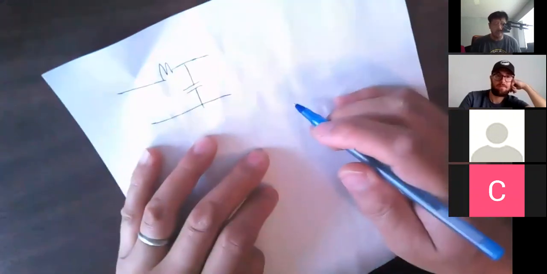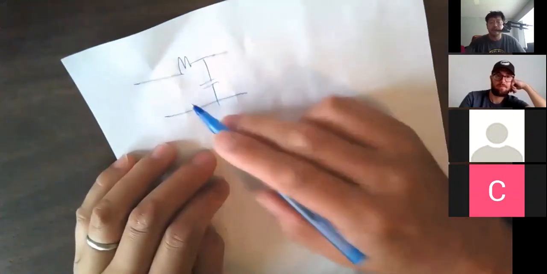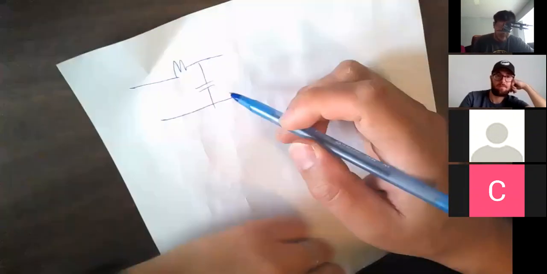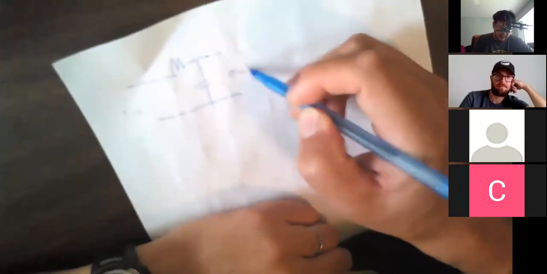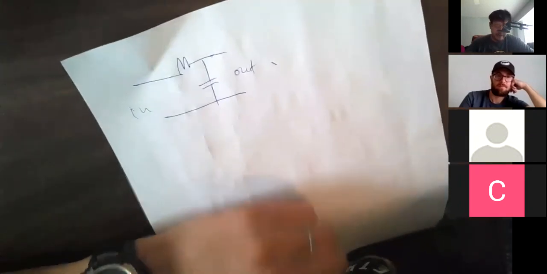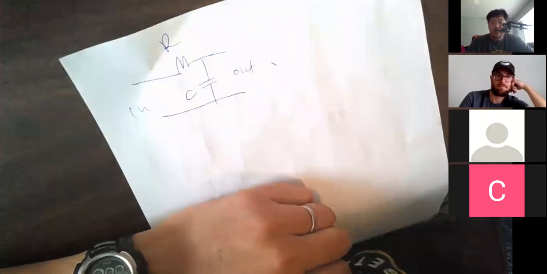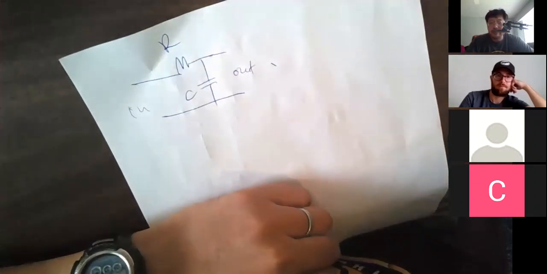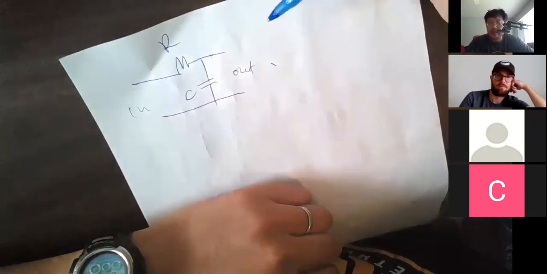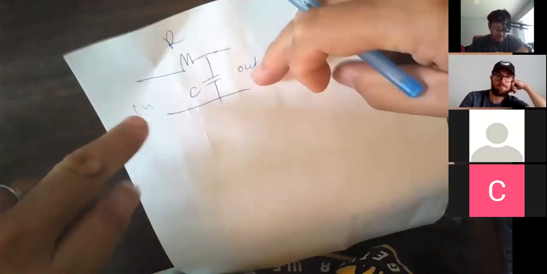And he had so much fun with just these two simple circuits. He experimented with the input and output, changed the capacitors and resistance, and you can experiment with what the input and output are.